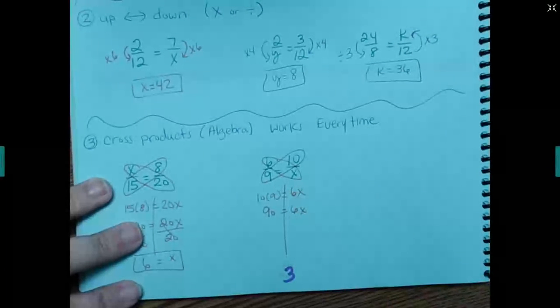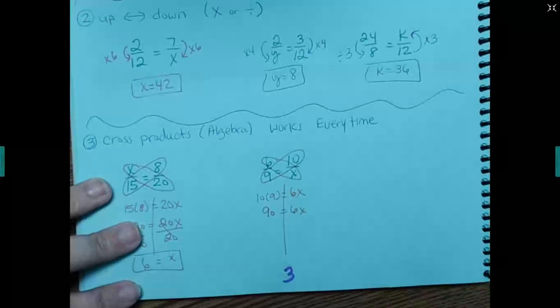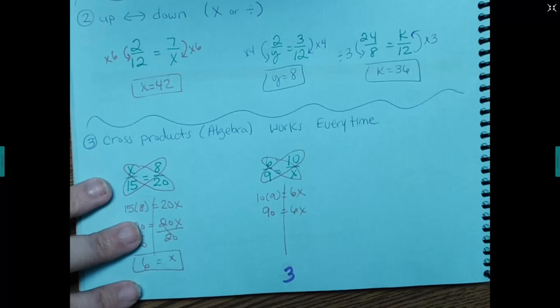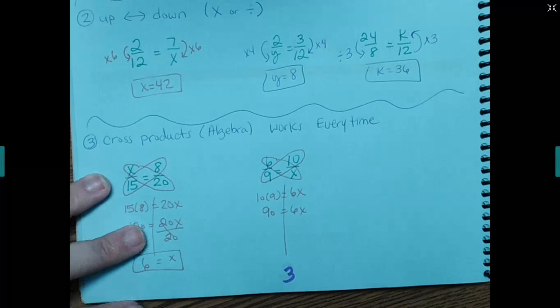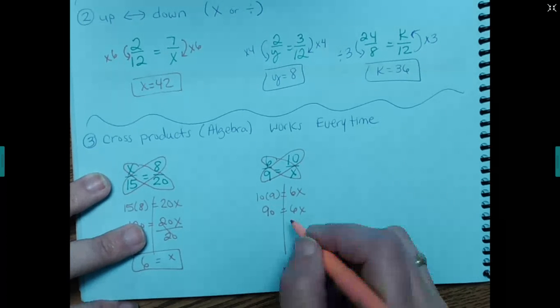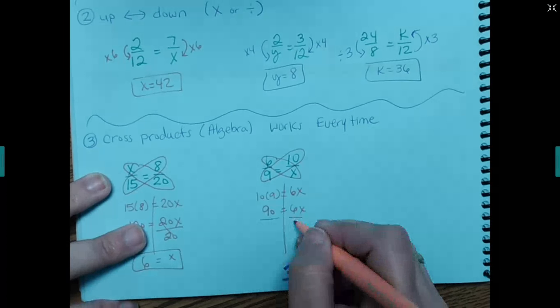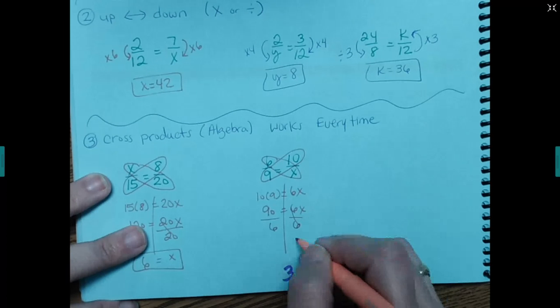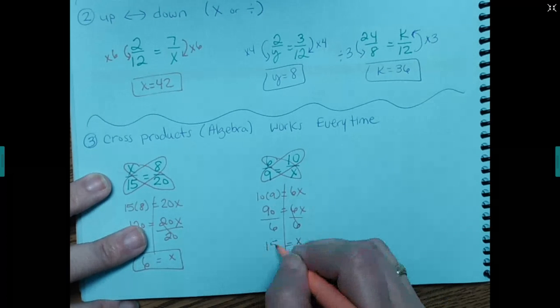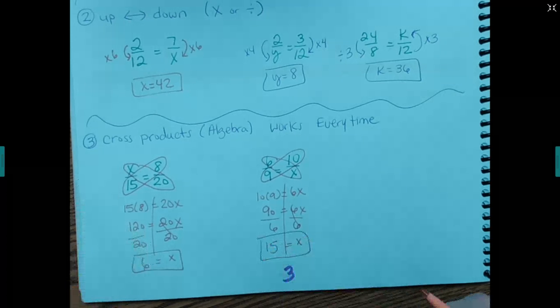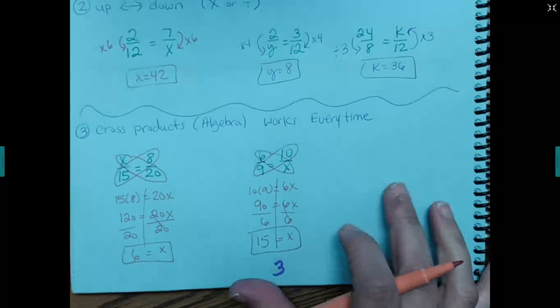How would I get x by itself? Good. Divide. Thank you, Leah. Divide by 6. And again, I'm just going to save y'all time and tell y'all the answer is 15. We'll have plenty of time for division later. Just want to get these notes done.